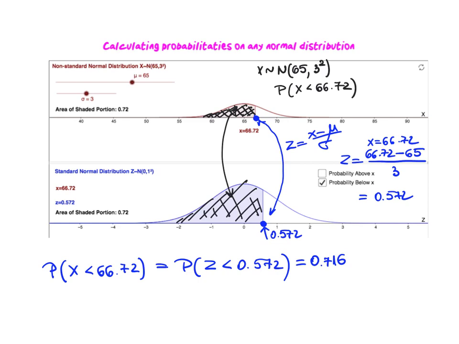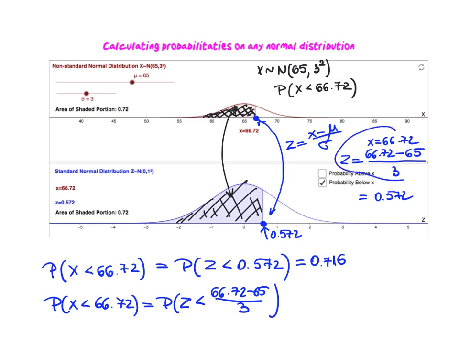How we write this, if we want to formalize, we can write the probability of X smaller than 66.72 is the same as the probability of Z smaller than (66.72 minus 65) over 3. Exactly using the formula there. And then I continue with getting the answer from my calculator or from the table of values.